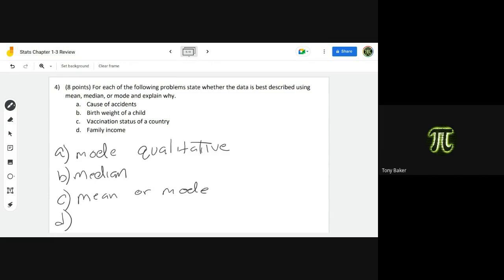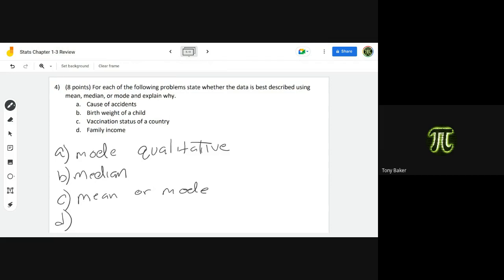Family income. Yes, question on that last one. So if we put mean, but we put a really good explanation, would that be wrong? No. That's what I'm saying. When I'm asking you to explain why, that really is going to be the bigger piece on if you get the points or not.